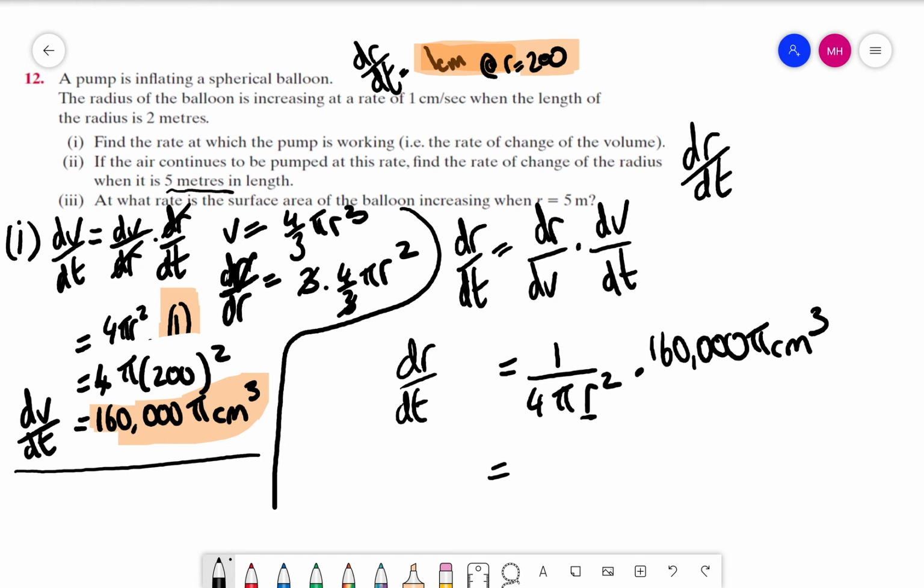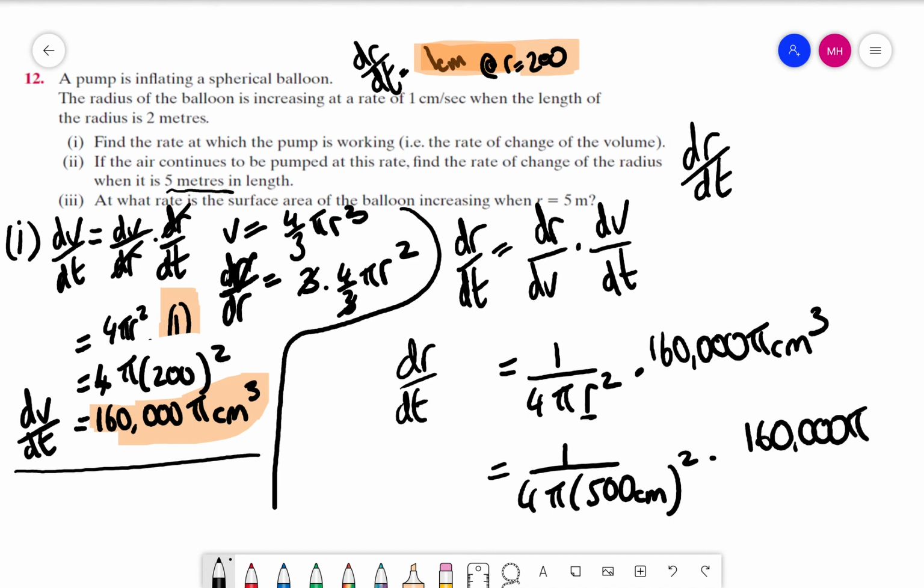So it's 1 over 4 pi 500 squared, multiplied by 160,000 pi.